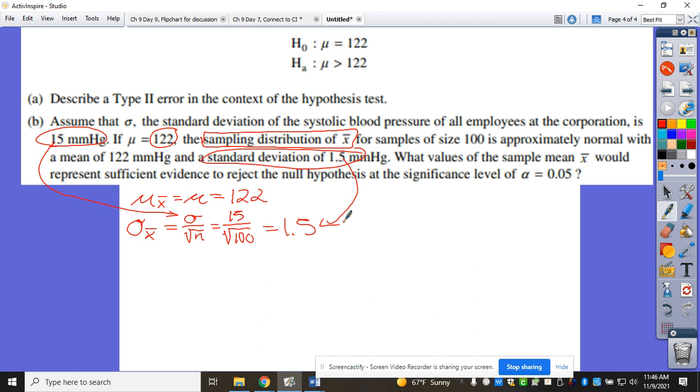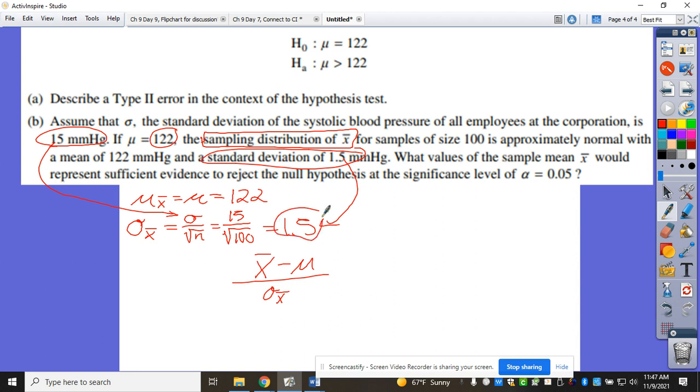Now, this last part is very close to what we did at the beginning of class today. So if I am doing a test statistic, what is my equation? I could write that, or I could write this, but either way, it's going to end up being 1.5 down here.